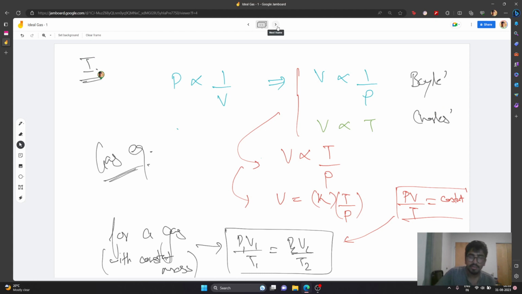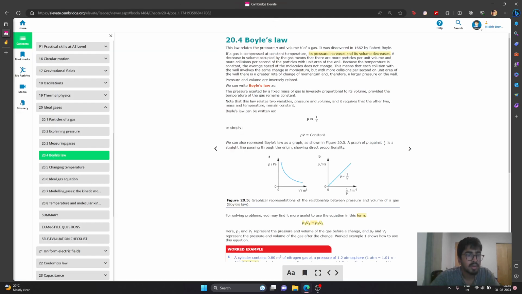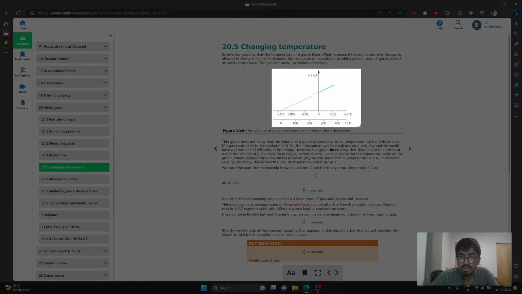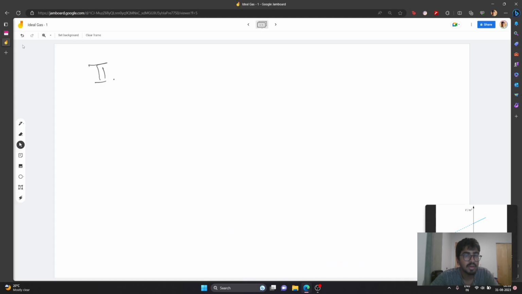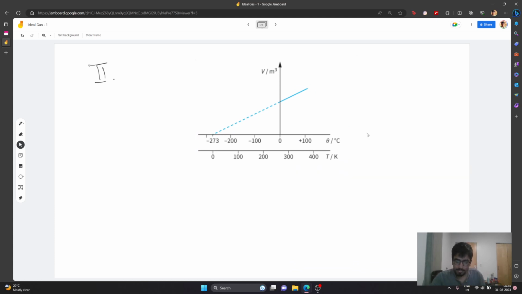And the other thing that we see from Charles' law is, so let me take the help of a book here. What he noticed is something like this. It looked like the volume was decreasing from this point to this point as the temperature was decreasing.